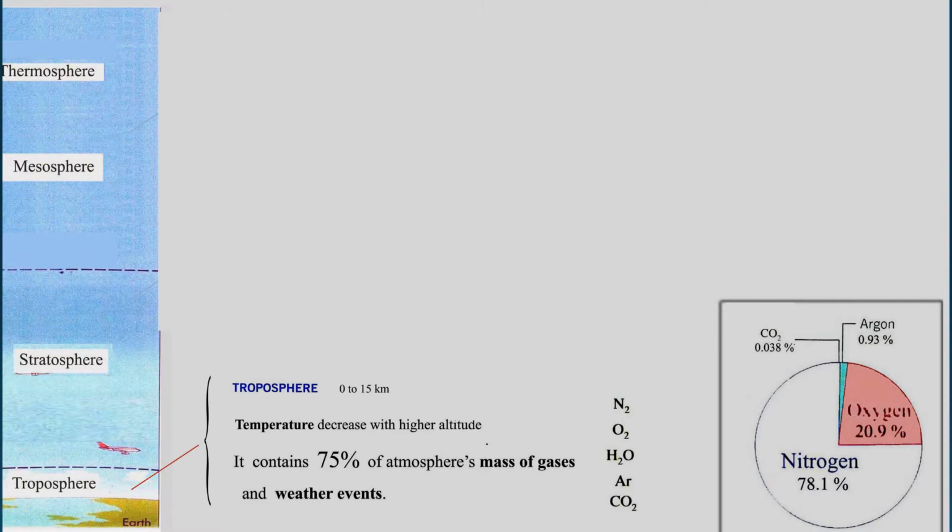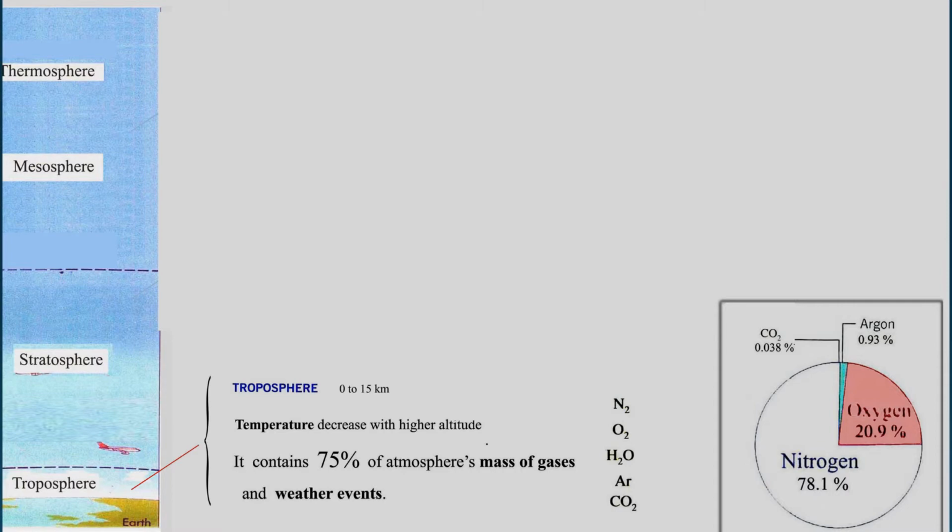And when you look at the gas, what sort of gas does it contain? 78.1% is nitrogen, and 20.9%, about 21%, is oxygen. So oxygen and nitrogen make up the main components of the gas.